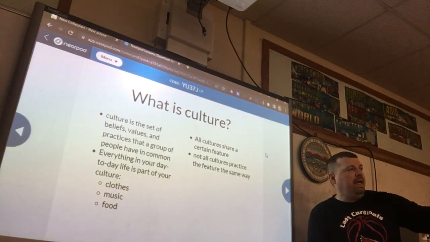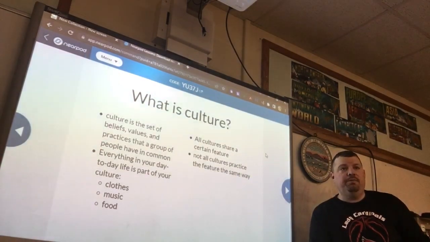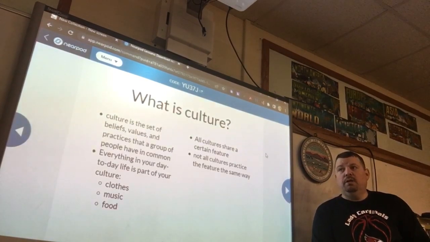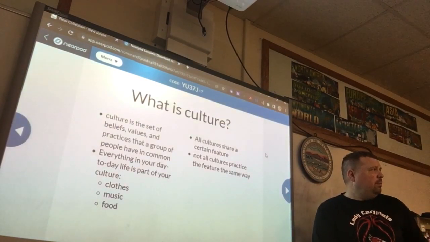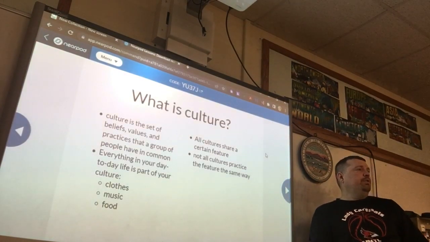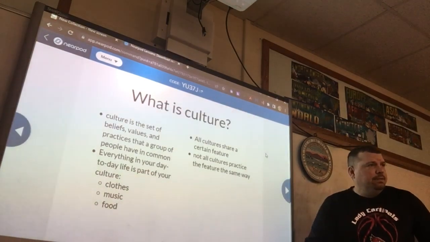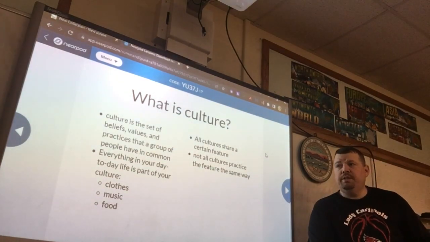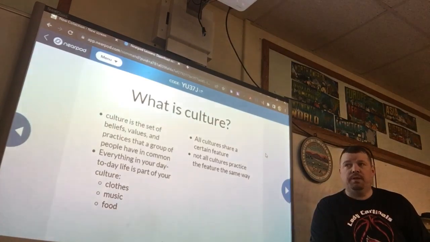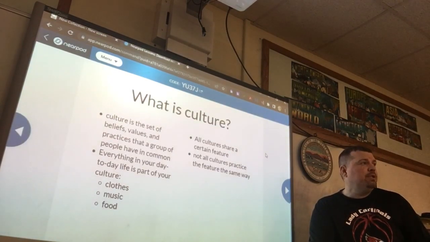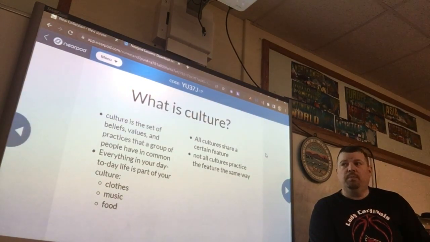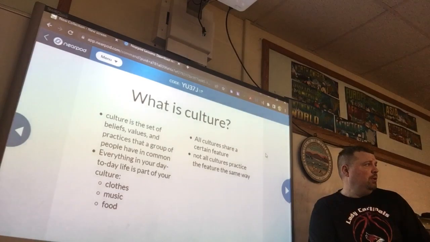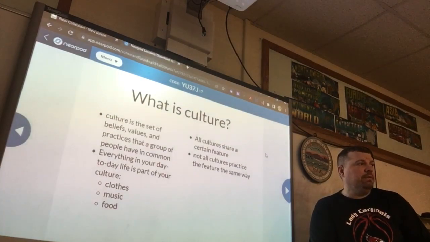All the posters have a representation of a food that is eaten. For the most part, not all of them, but almost all of them have some sort of food that they eat in the different areas. Now, music is hard to represent, right, in each one of the cultures on a poster, but it's going to be different everywhere, right?